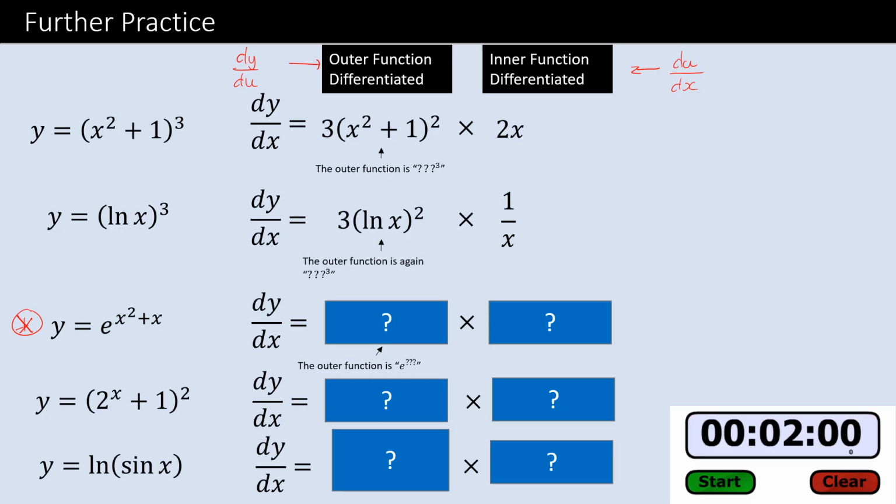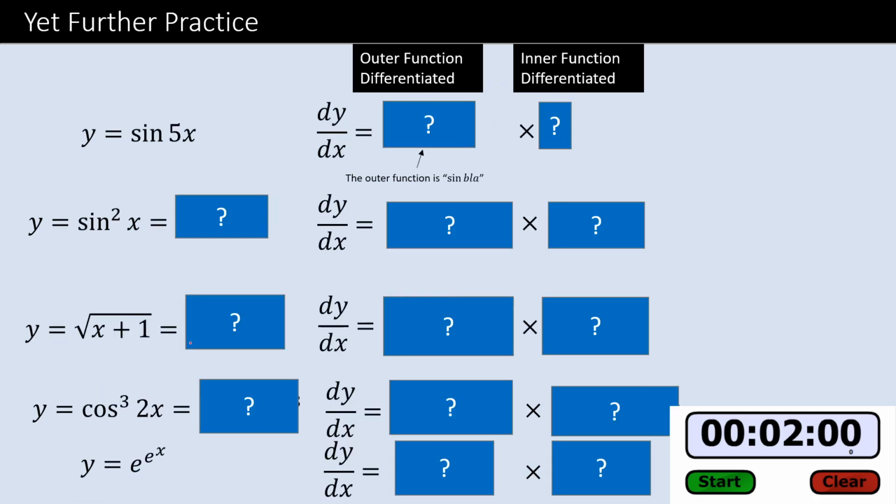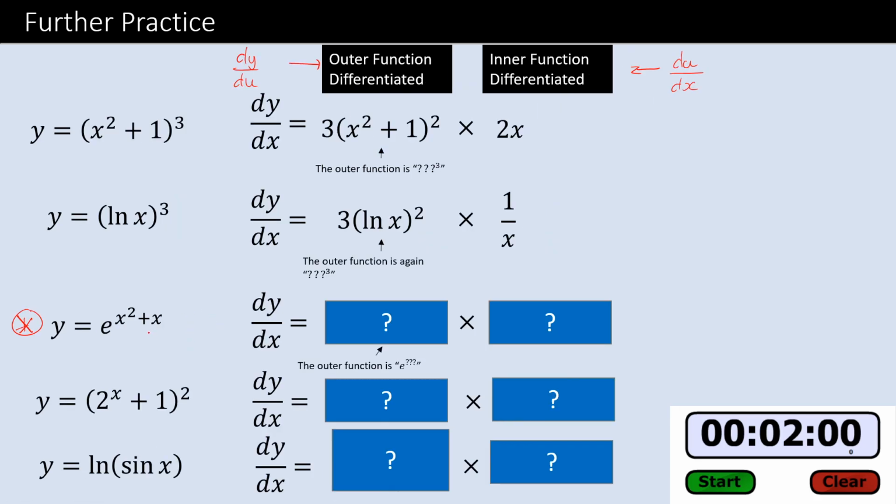Okay, so here we don't have an obvious bracket that we want to use to make a substitution or to call our inner function. But what we do know is that if we were to differentiate e to the x, that is really easy. That's just e to the x.